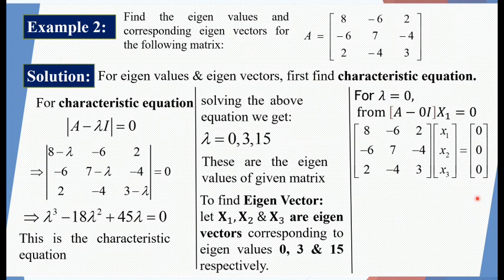Now we have to find the rank with the help of echelon form. So applying R2 as 4 times R2 plus 3 R1 and R3 as 4 times R3 minus R1.